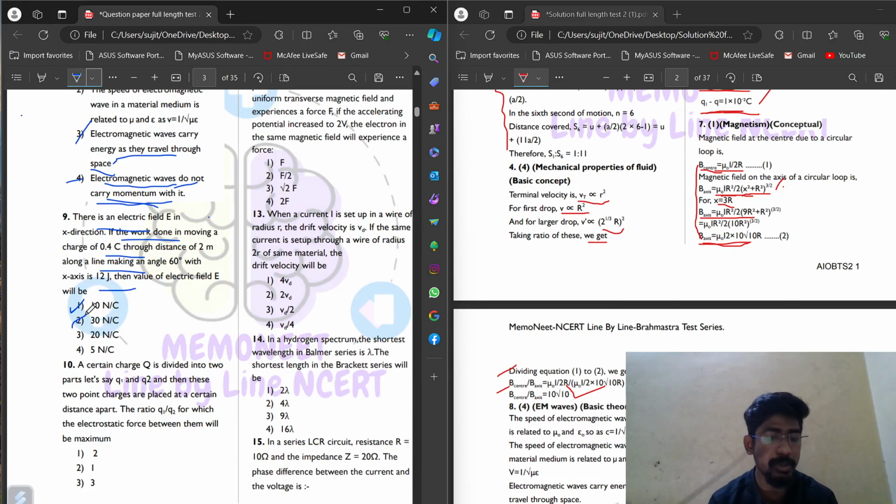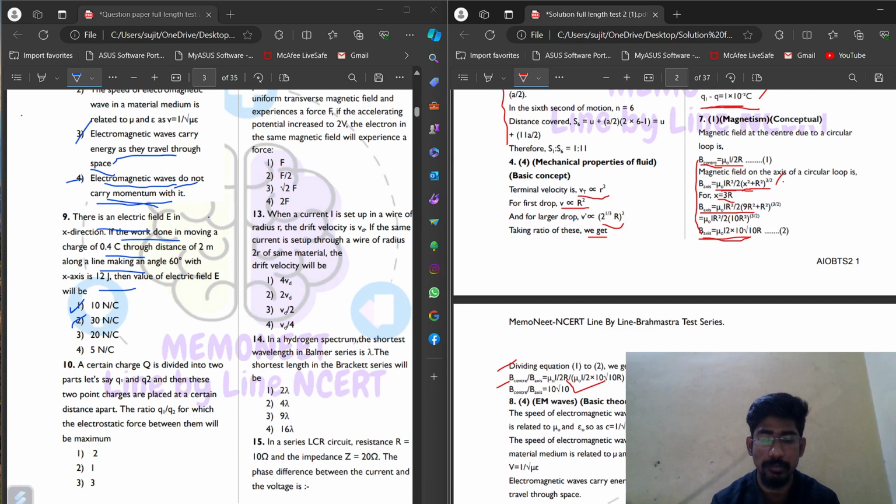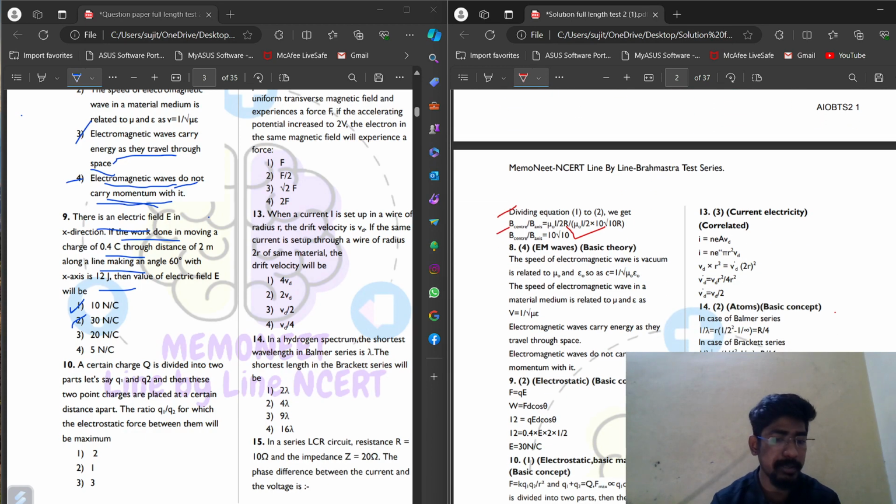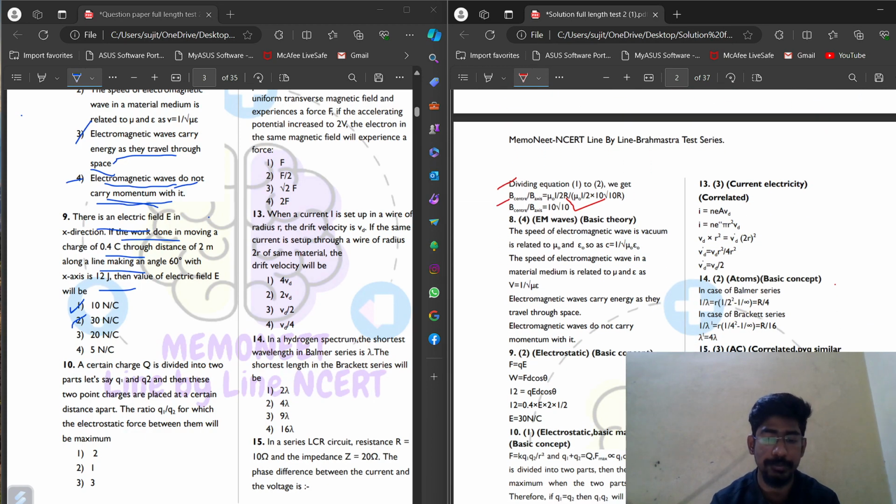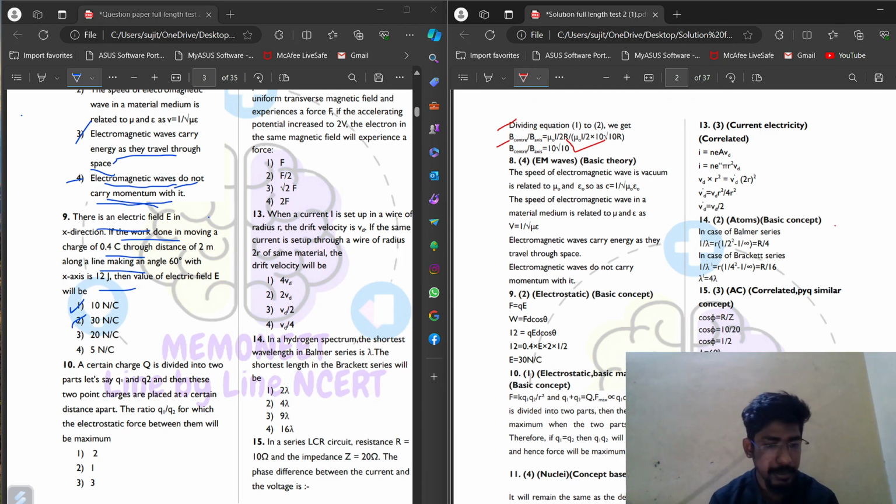A certain charge Q is divided into two parts, Q1 and Q2, and then these two point charges are placed at a certain distance apart.